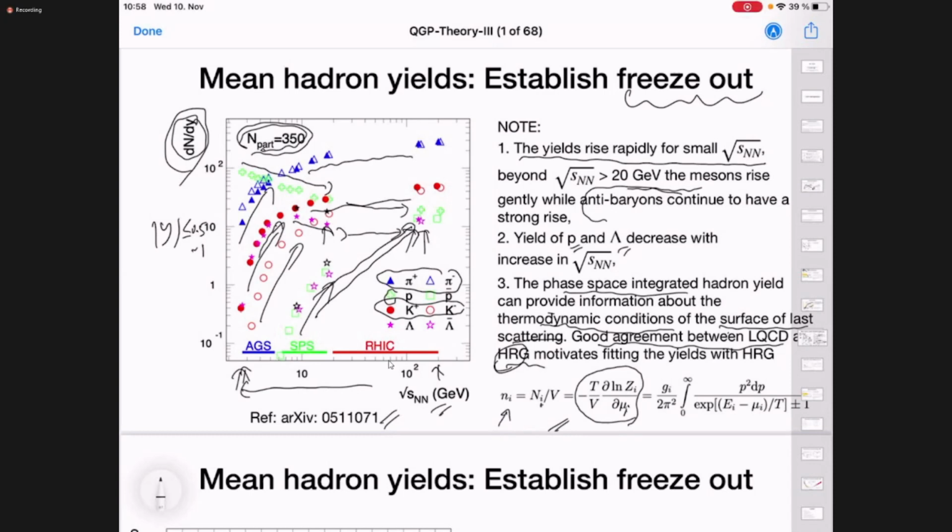And that's why lattice QCD cannot do this, because in the real QCD, the only conserved charges are net baryon, net charge, and net strangeness. Each hadron yield, those are not conserved charges.